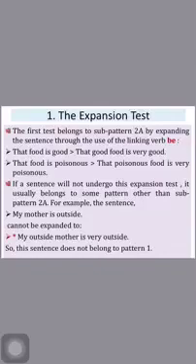Let's take an example: my mother is outside. My mother is the noun phrase, the subject of the sentence; is is the verb to be. Outside, I don't say linking verb now, because I am analyzing the sentence to see whether it belongs to pattern number 2A or not.